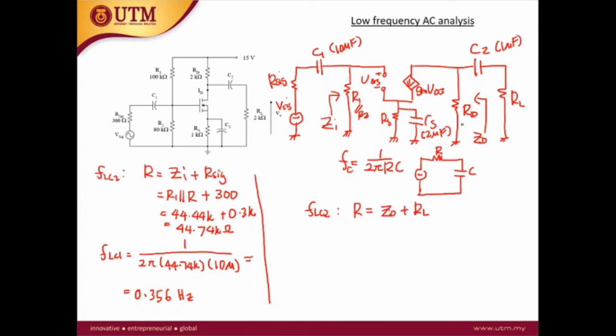Z out is equal to RD. So this is 2K plus 2K, which is 4K. So FLC2 is equal to 1 over 2 pi times 4K times the capacitance of 1 micro. This value is 39.8 Hz. Okay, this is FLC2. The last one is FLC3.